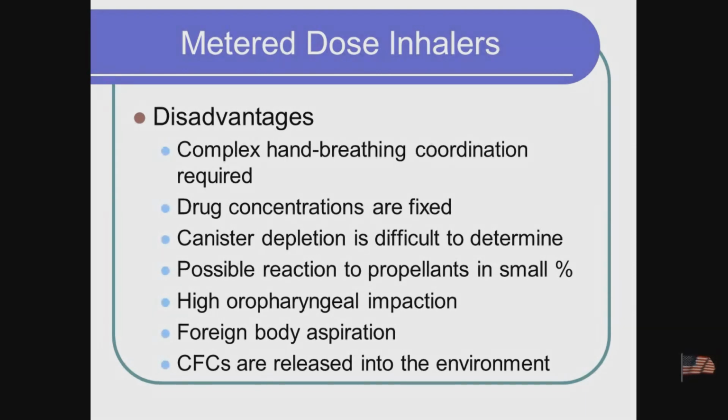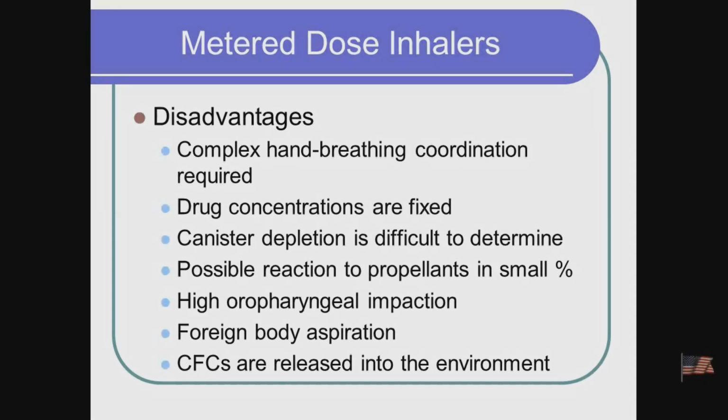Other disadvantages, drug concentration's fixed. I can't increase or decrease the amount of dose like I can with some other delivery mechanisms. Canister depletion is difficult to tell. As you actuate that medication, obviously it's going to eventually get empty.